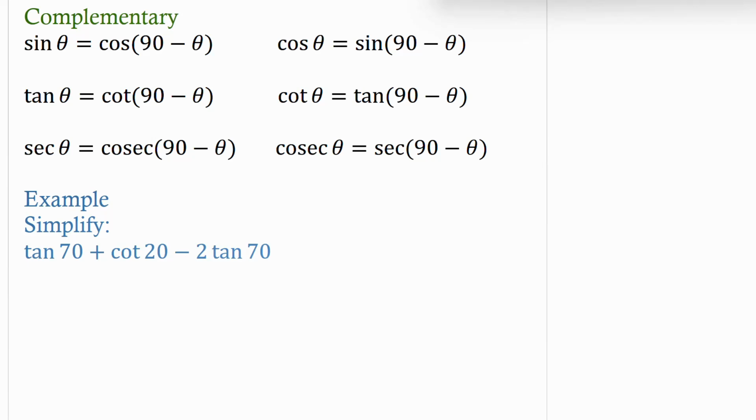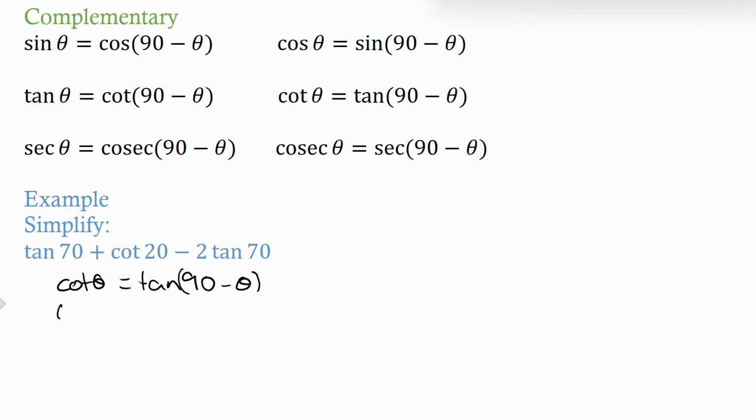When you are expected to solve questions like this, usually you have something like your example there where it's tan 70 plus cot 20 minus 2 tan 70. The goal of these is to try to simplify them down as much as possible. The first thing you should look for is, well, can I get them all into the same ratio? In this case, because there's 2 tans already, I want to make the whole thing tan. So I'm looking at that cot and I'm going, well, how can I convert cot 20 into a tan value? And I know that I can use cot theta equals tan 90 minus theta.